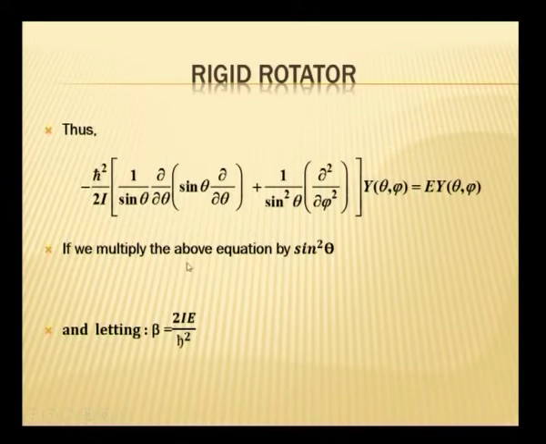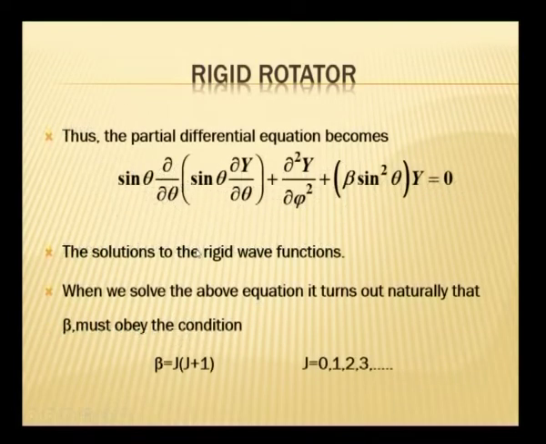If we multiply the above equation by sin square theta, and let beta equal 2 I E by h bar square, the entire thing can be simplified and the partial differential equation becomes sin theta dou by dou theta of sin theta dY by d theta, plus dou square Y by dou phi square, plus beta sin square theta Y is equal to 0.